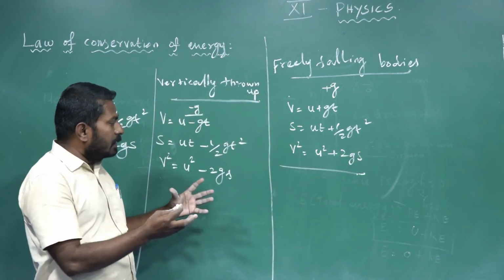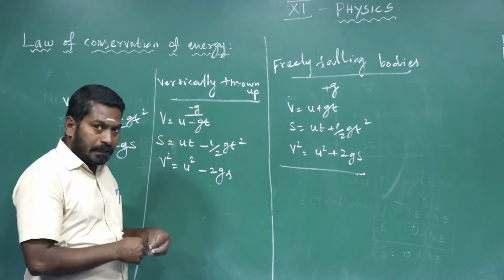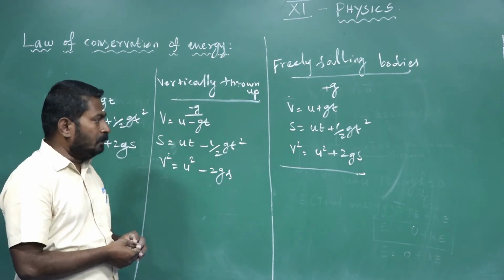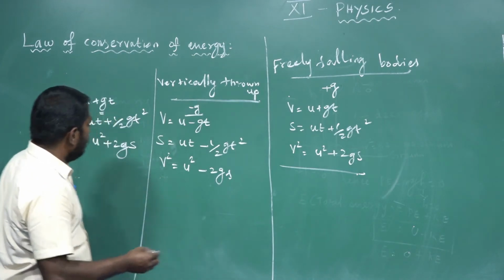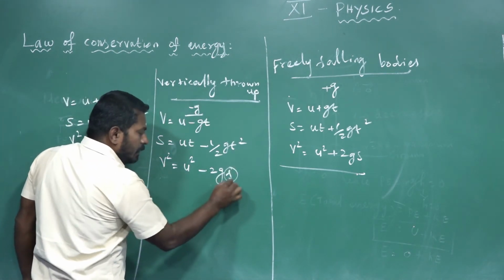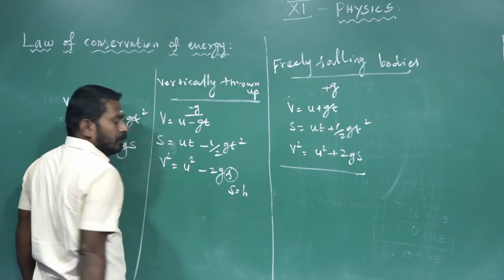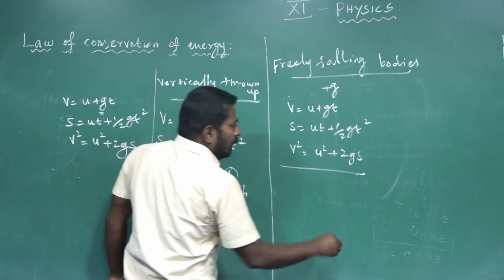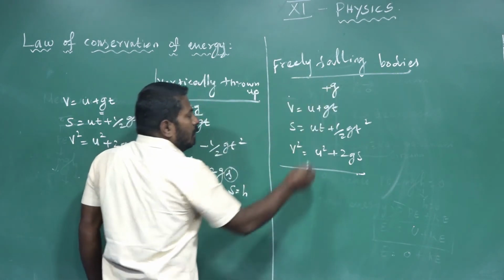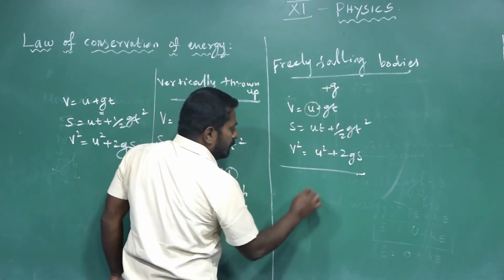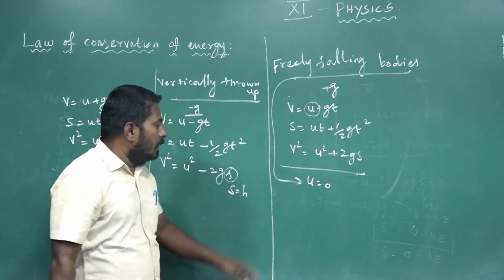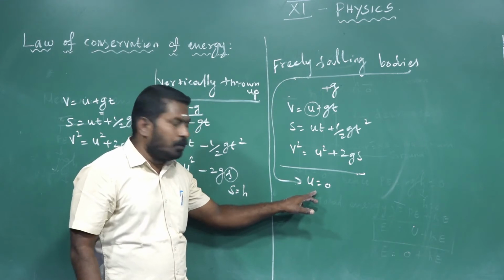These kinds of equations will be helpful to us to explain the law of conservation of energy. In this equation, S is replaced by H, and also for freely falling bodies, the initial velocity u of an object is 0. Keep it in our mind.